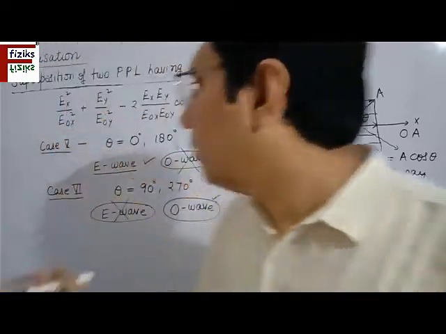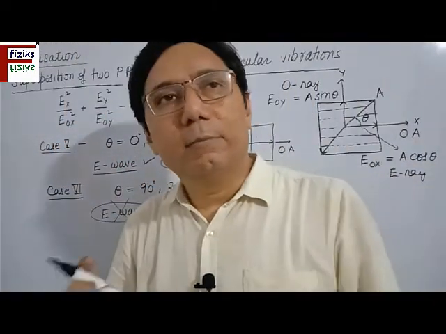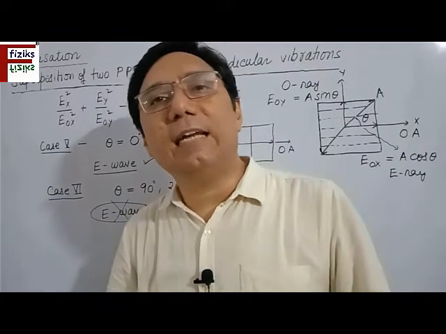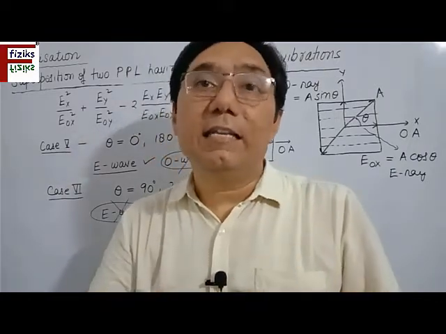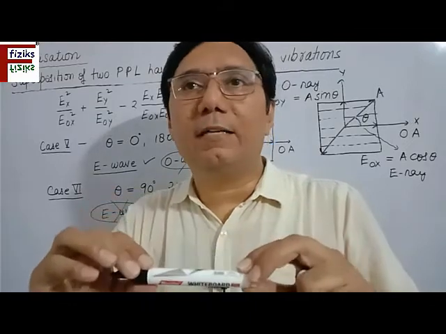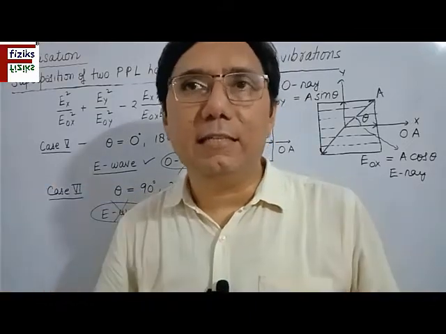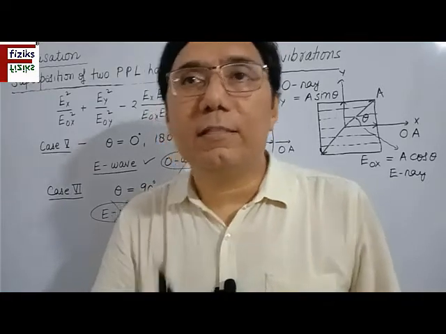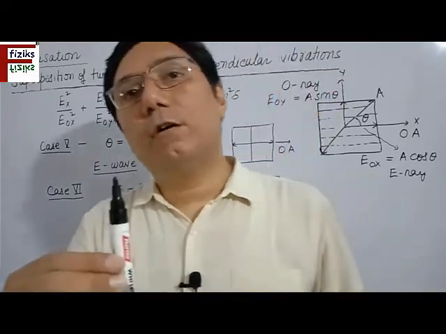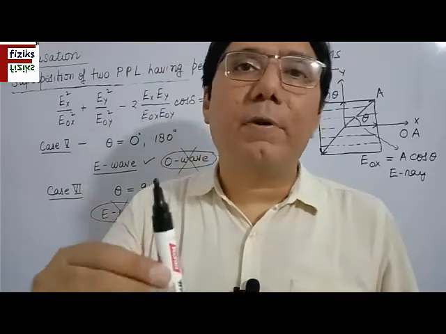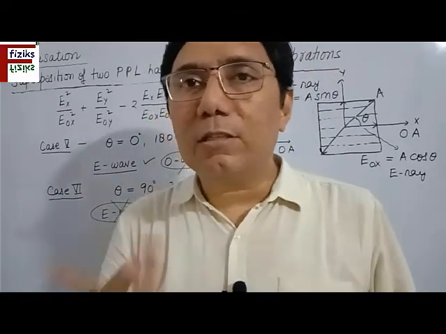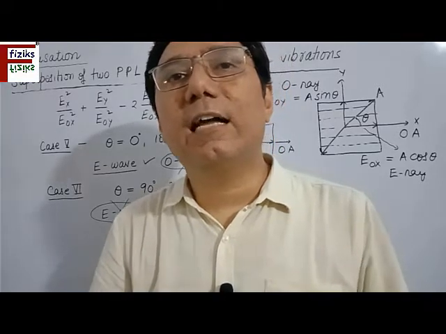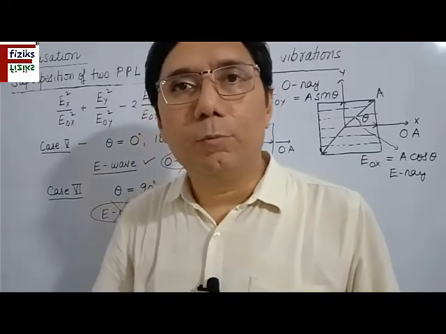So what do you understand from these two cases? The meaning of this is, if the electric component of incident plane polarized light is parallel to the optic axis, then it will propagate as E ray. Or if the electric component of incident light is perpendicular to the optic axis, then it will propagate as O ray. In both cases there will be no double refraction, because that electric component cannot be resolved into two parts.